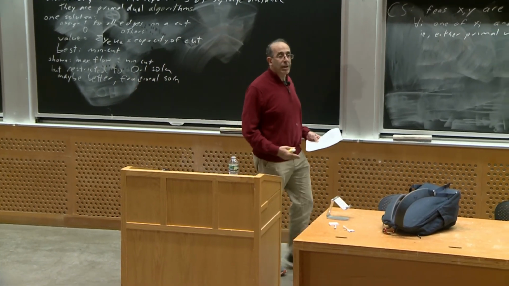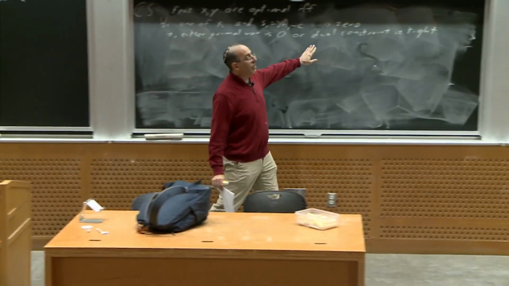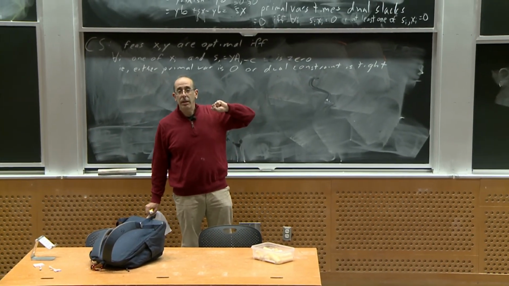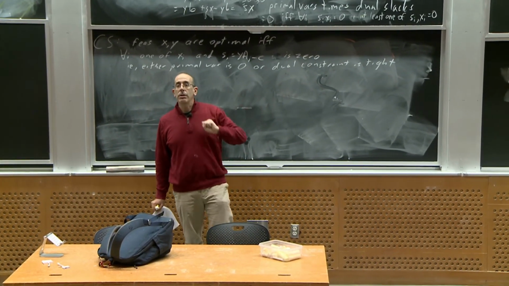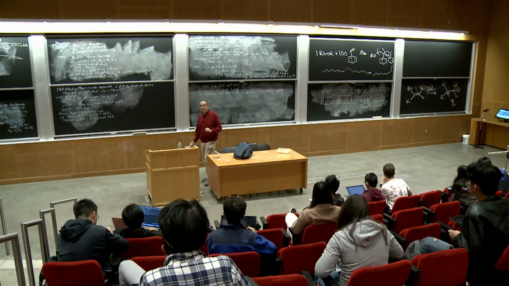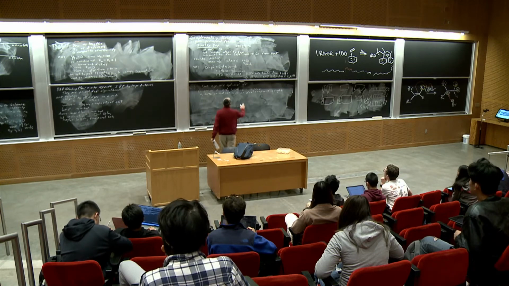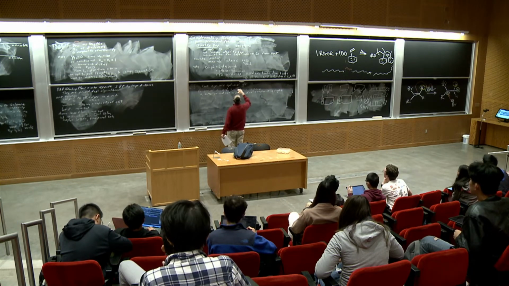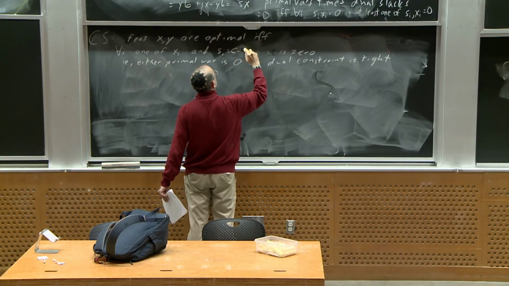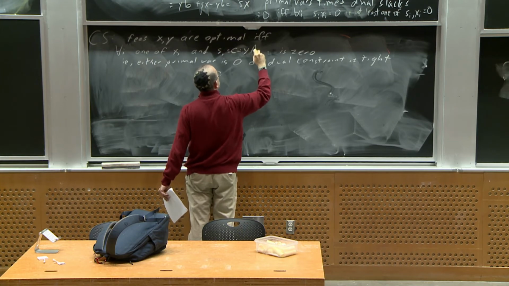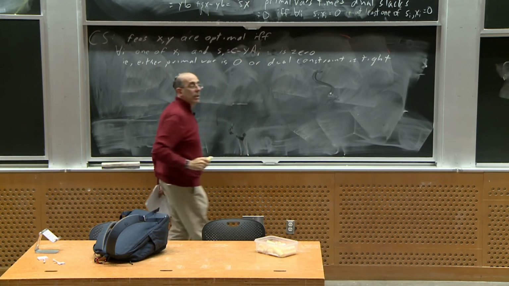And it's useful in both directions. You can use the complementary slackness condition to prove optimality. Yes, a question? Y minus c instead of c minus y? Oh, sure. It's 0, so it doesn't matter, but thank you.